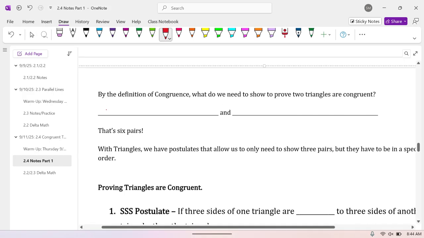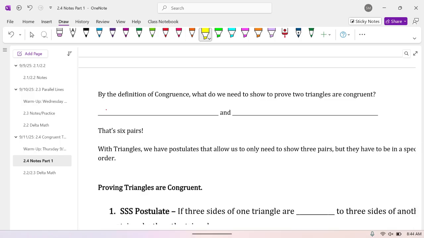So again, just to know how we can prove that two triangles are congruent: if all three angles are congruent and all three sides are congruent. Now, that means that we have 6 different pairs of congruency that we could have. So 3 pairs of sides that can be congruent, 3 pairs of angles that can be congruent.